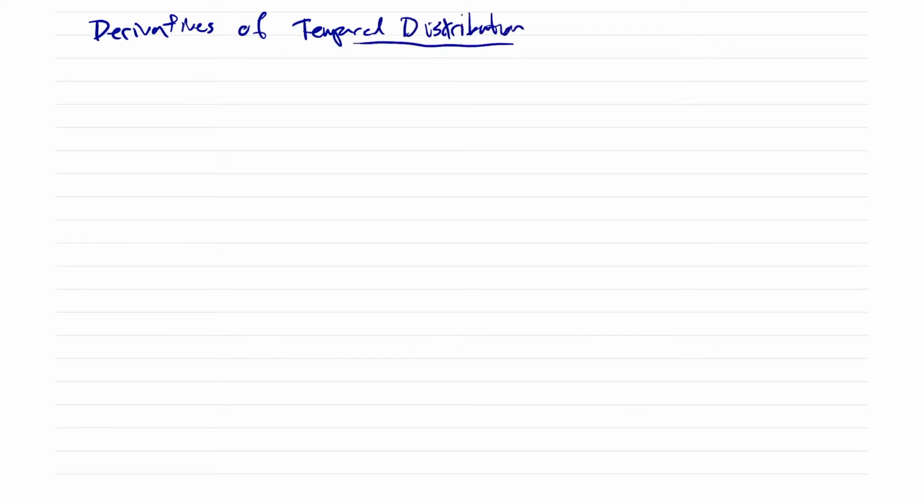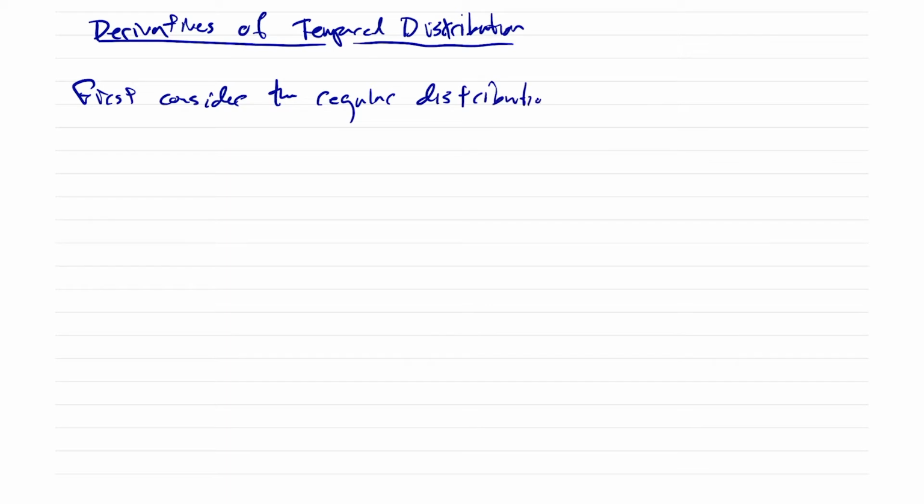This would work for regular distributions too, but we're talking about tempered distributions for the sake of the Schwartz space. Basically, first we're going to consider the regular distribution corresponding to some f inside Schwartz space.